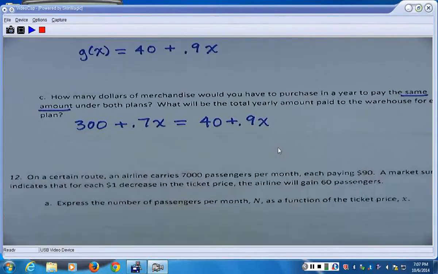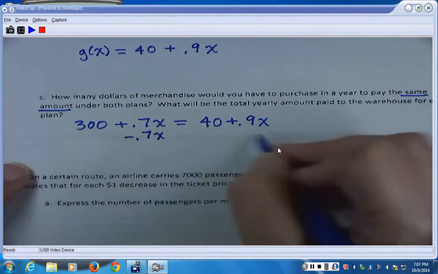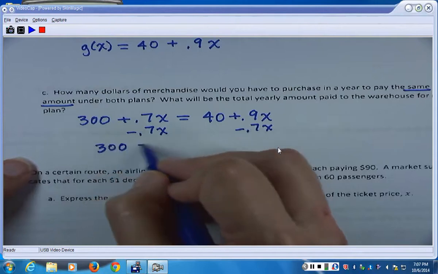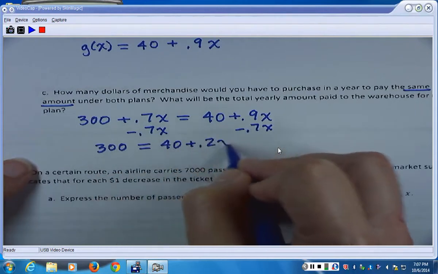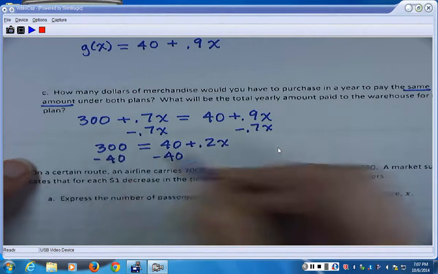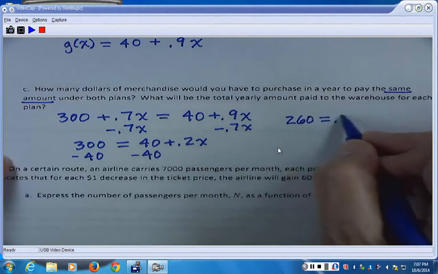We're going to try to get all our x's on one side, our constants on the other. So if we subtract 0.7x, we'll have a positive x on this side. So you get 300 equals 40 plus 0.2x, then subtract 40. We get 260 equals 0.2x.